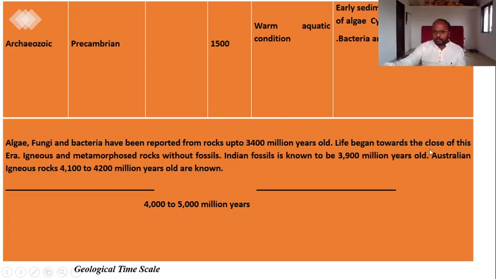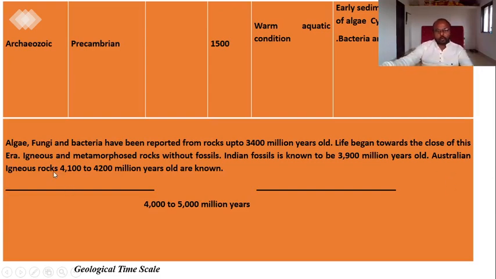Life begins toward the close of this era. Igneous and metamorphosed rocks without fossils are found. An Indian fossil is known to be 3900 million years old. So this is particularly the Indian fossil.